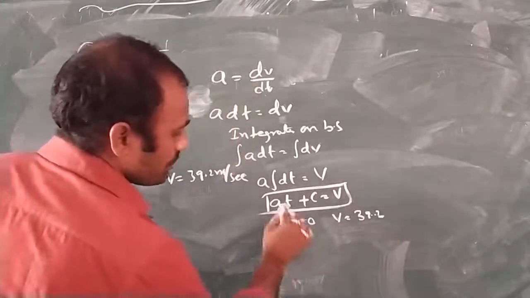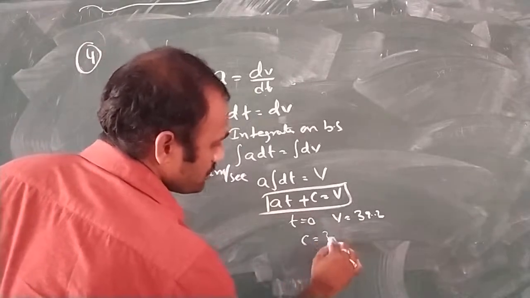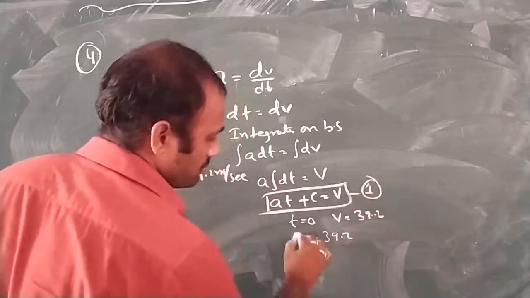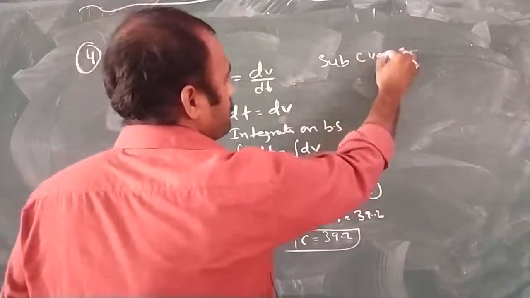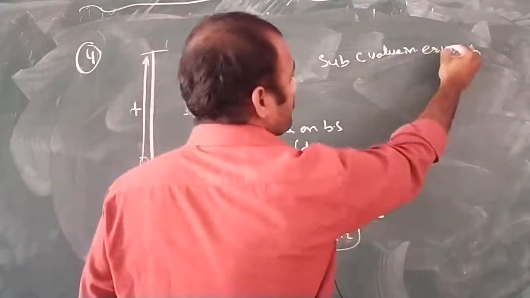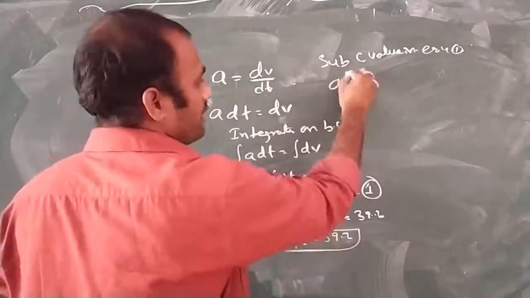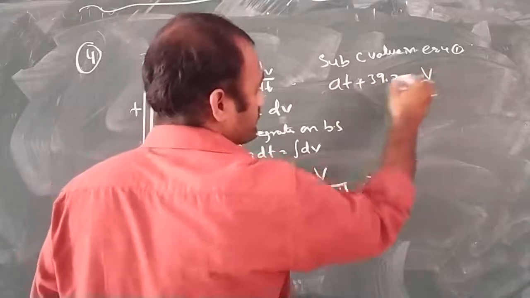If I substitute t equal to 0, then at becomes 0, so c is equal to 39.2. We will mark this as the first equation. So substitute the c value in equation 1: at plus 39.2 is equal to v.